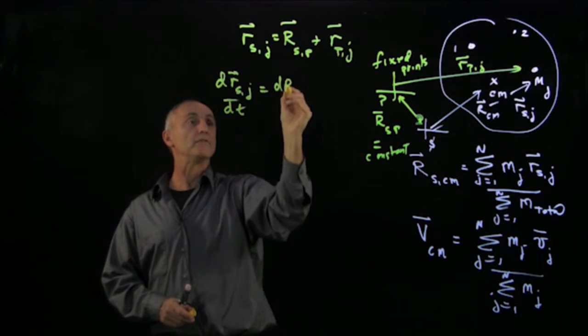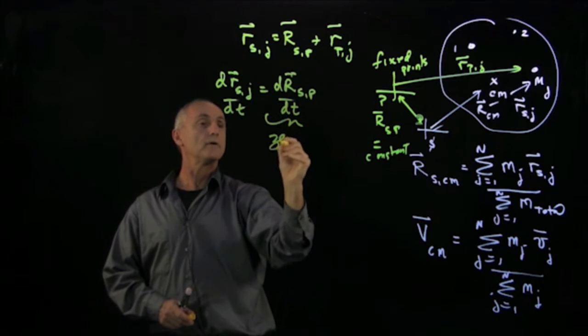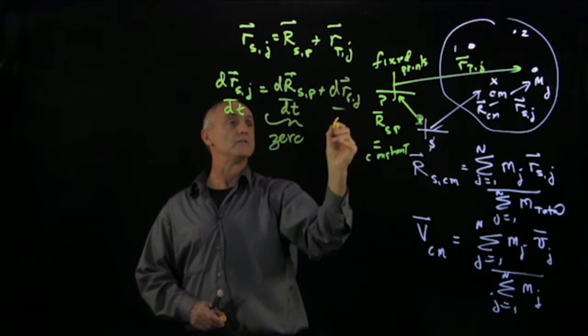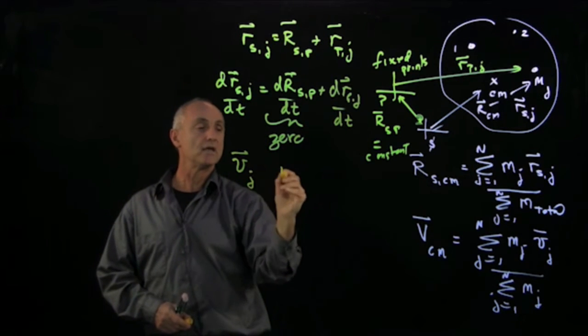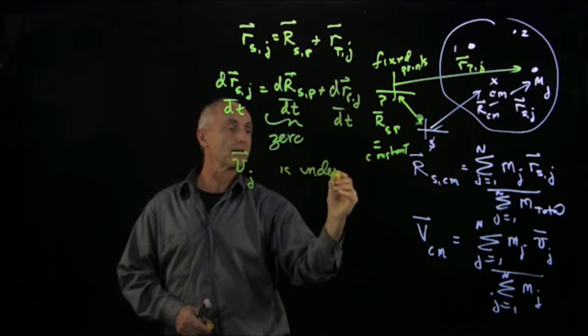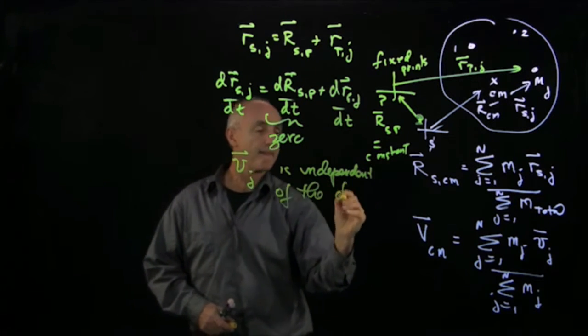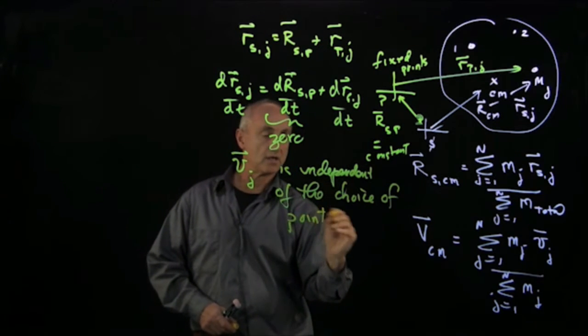Well, the derivative of a constant vector is 0, plus drpj dt. And so we see that the velocity of j is independent of the choice of point S.